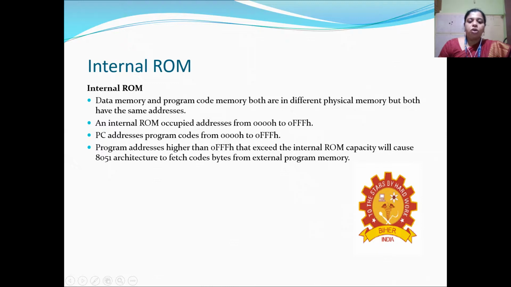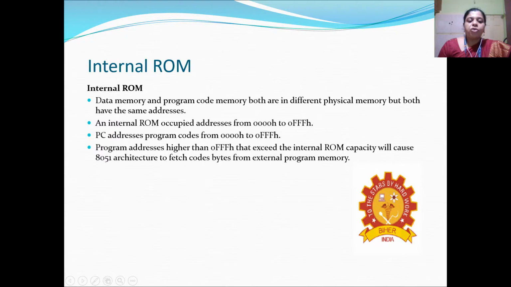Next, the internal ROM. Here we have data memory and program code memory. Both of them have different physical memory, but both have the same addresses. The internal ROM address ranges from 0000 to 0FFF.